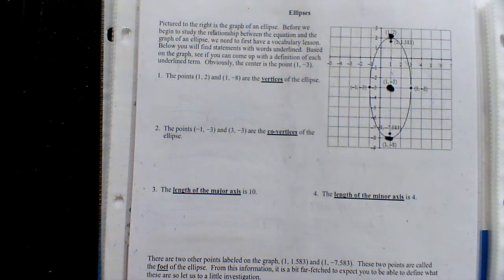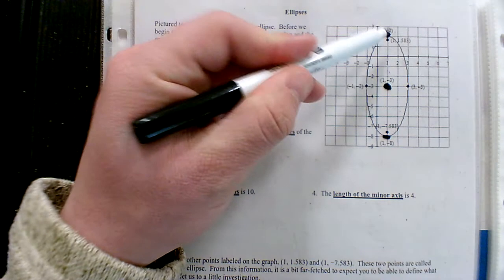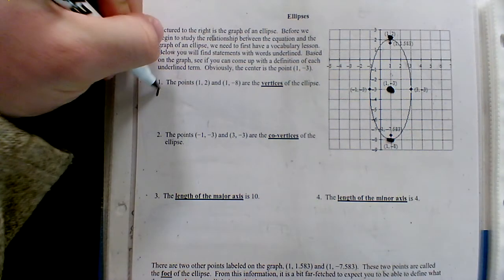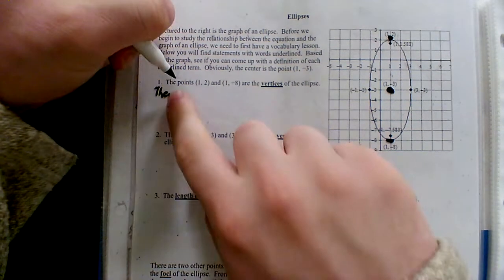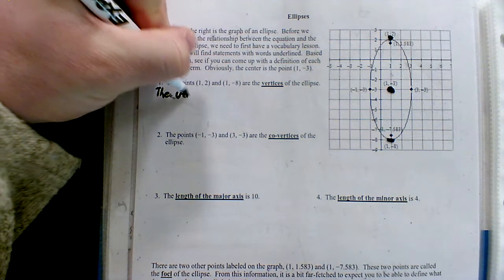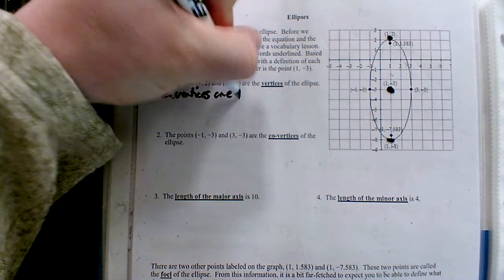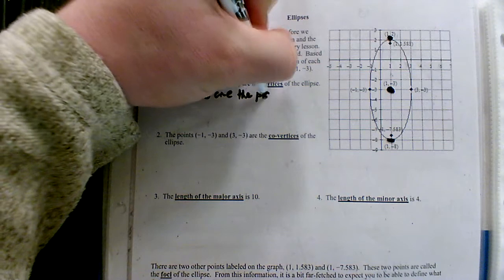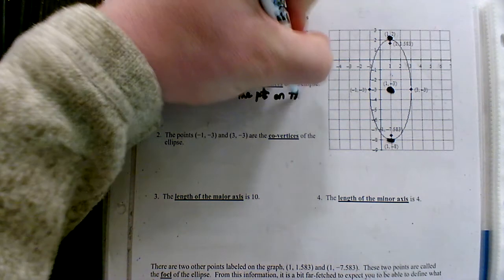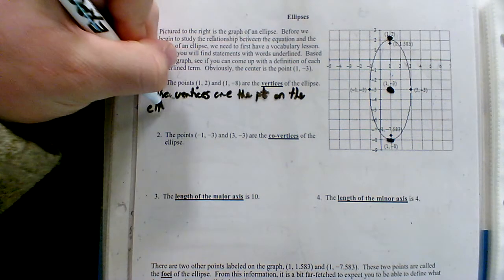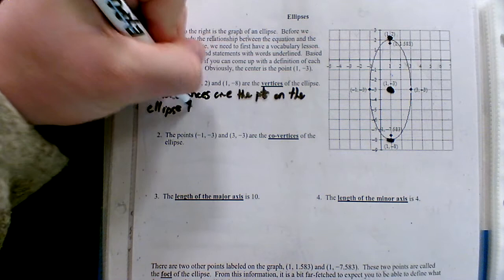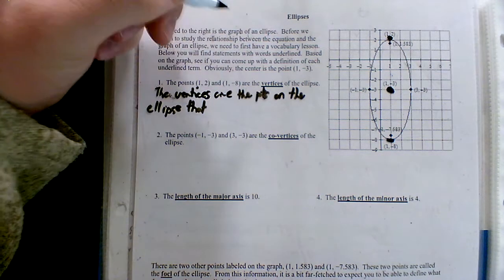Exactly, they're the furthest points from the center. There's no other point that is further away than this. So the vertices are the points on the ellipse that are the greatest distance from the center.